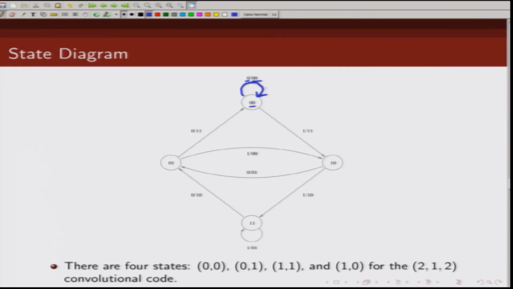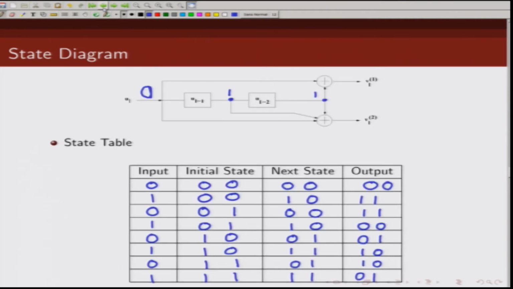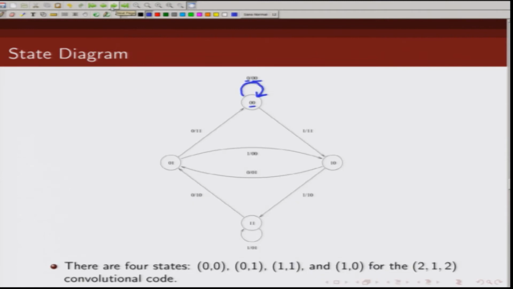Now, what happens when you are in 0 0 state and you receive a 1? If you are in 0 0 state and you receive a 1, you move to next state 1 0 and the output is 1 1. So, when you get a 1, you move to next state which is 1 0 and the output is 1 1. So, note how I am writing this state transition graphically.